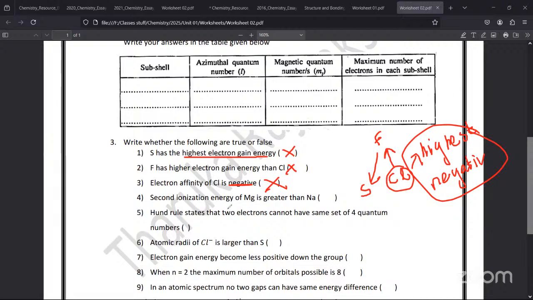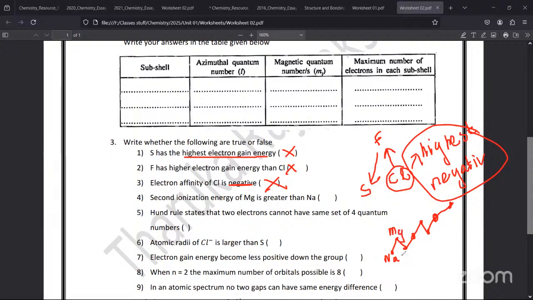The second ionization energy of magnesium is greater than sodium. If we draw the ionization energy variation, it goes up, down, then again up, down, up. Sodium is here, this is the first ionization energy, and this is magnesium.